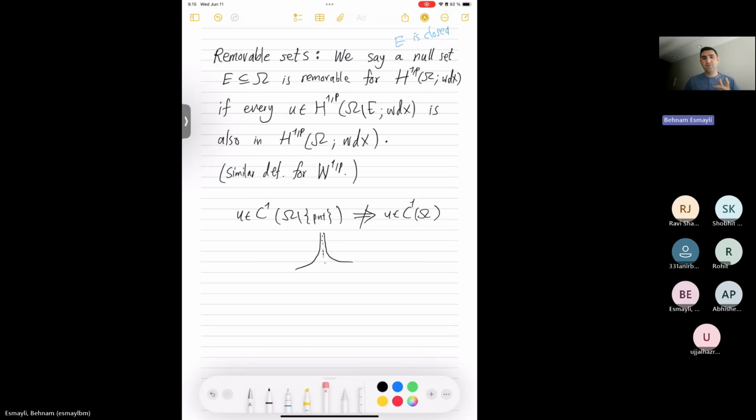The closest to this you have seen probably, because this is a complex analysis seminar, I must mention this one, is that single points are removable for harmonic or holomorphic functions in the following sense.